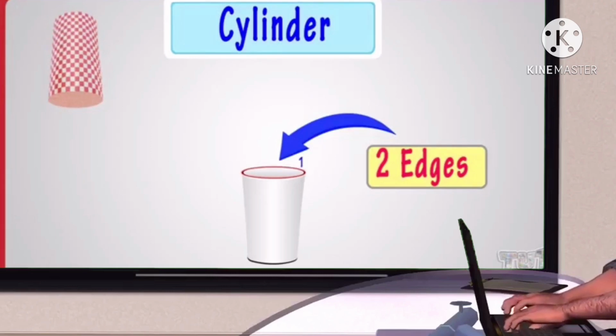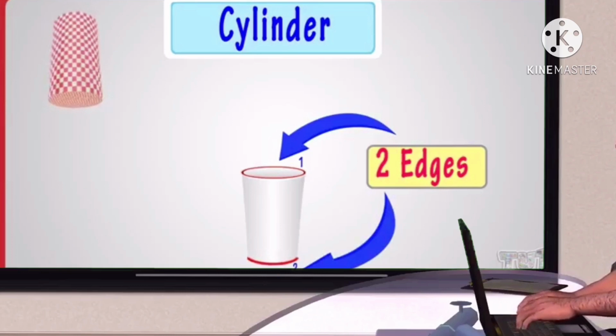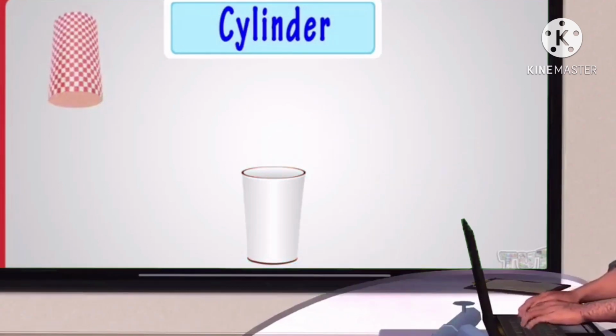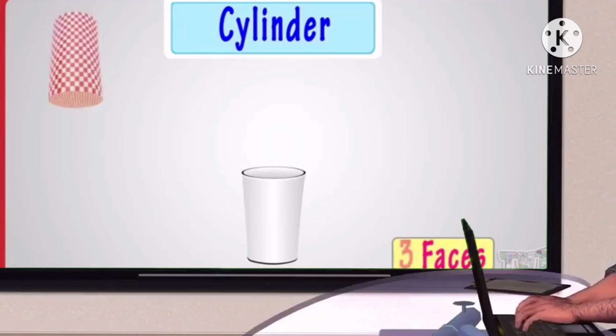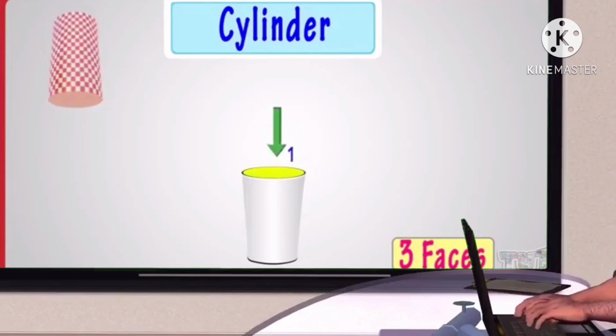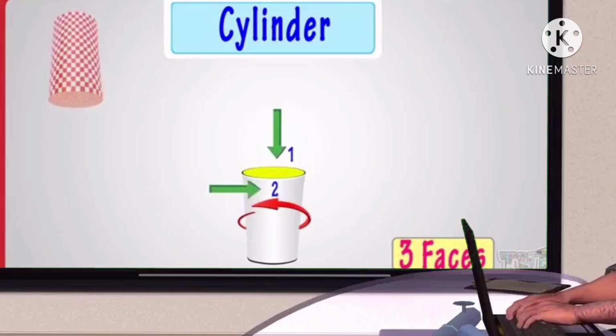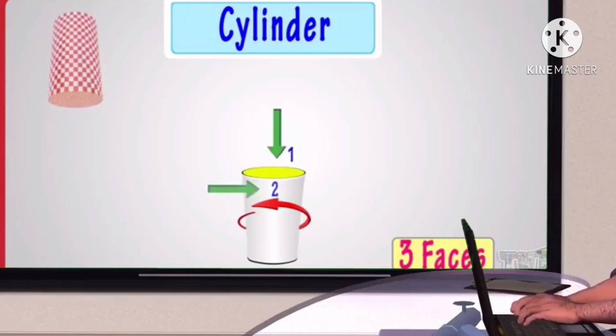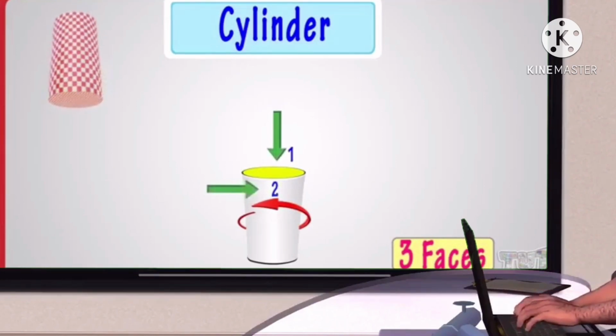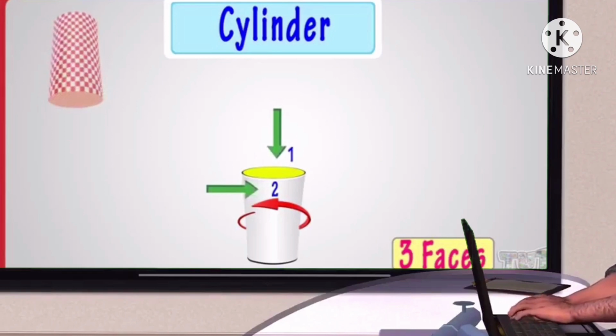The other one is the circle on the bottom. A cylinder has three faces. One face is a circle on the top. The second one is the curved surface that wraps around it. The third one is also the round-shaped face at the bottom.